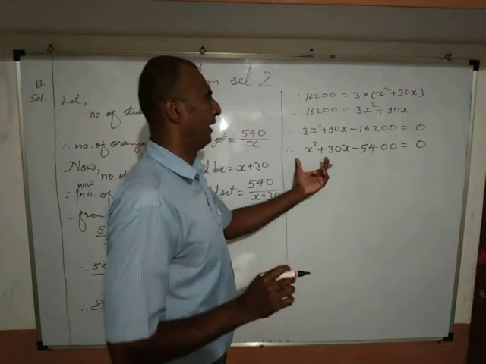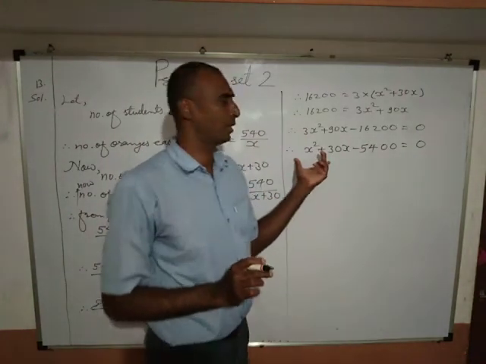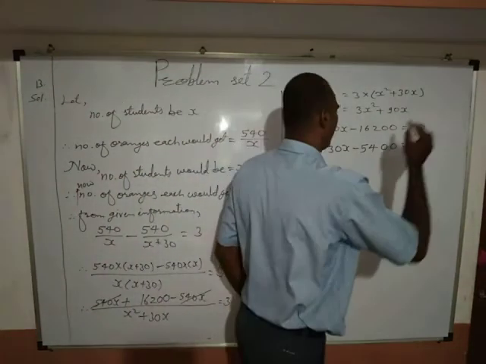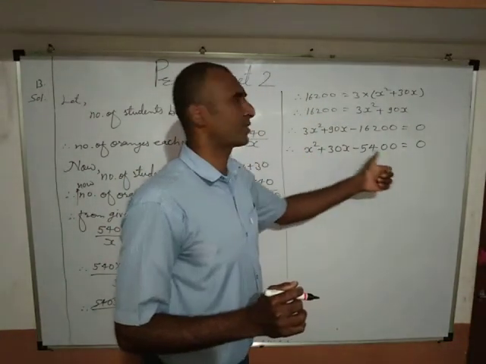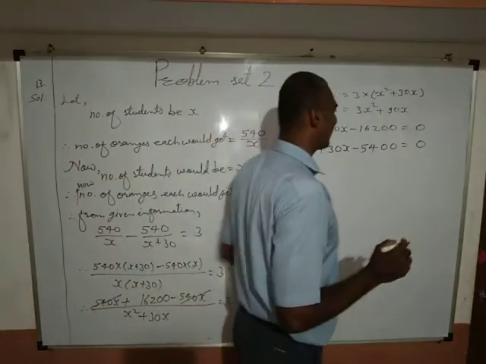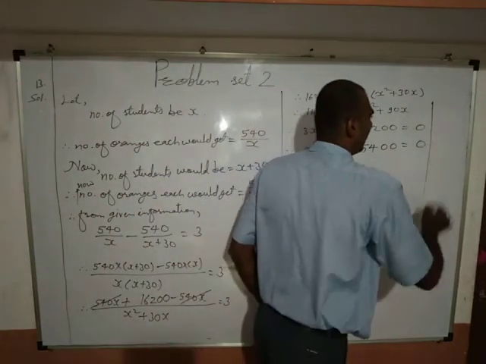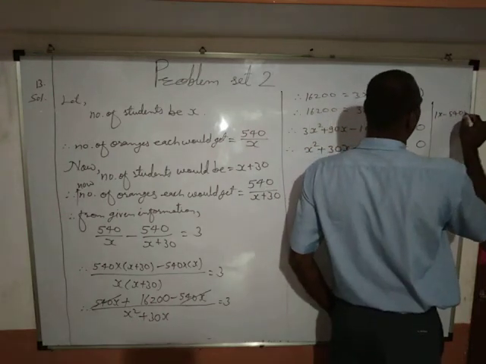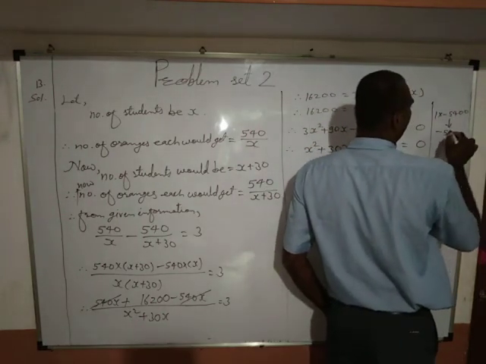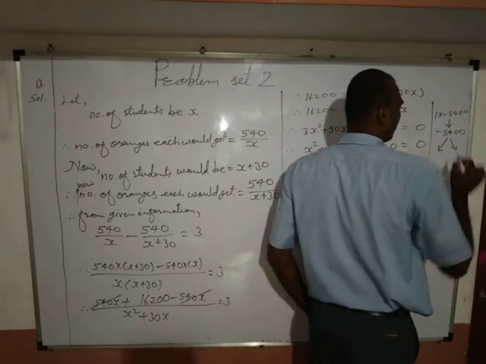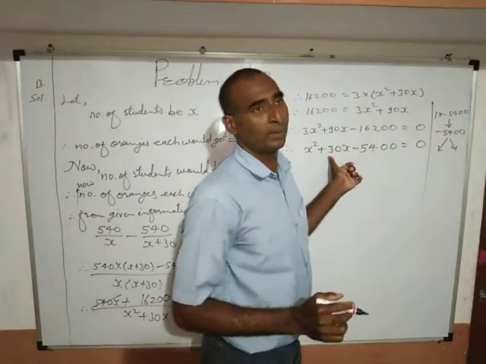Now it is in a quadratic form. Okay, x square plus bx plus c equal to 0. We have to split product of a and c such that their addition will be b, means 1 into minus 5,400, and that product will be minus 5,400. Minus 5,400 must be factorized such that their addition must be plus 30.